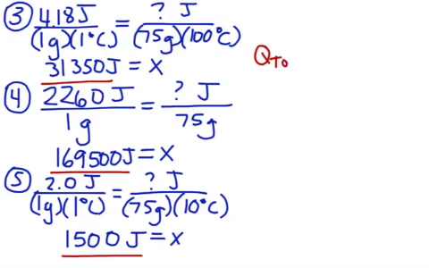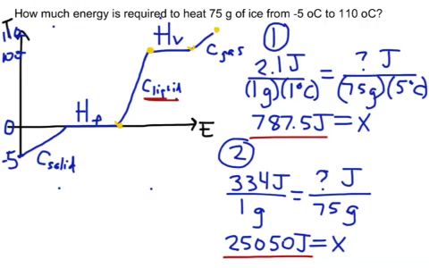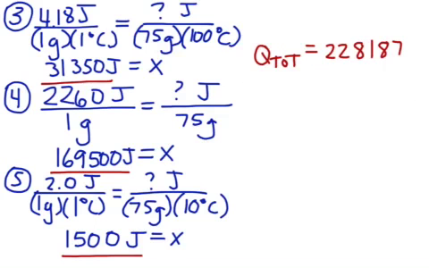And I'm going to use Q, because Q is that process of energy being transferred in or out of a system. Q total, if I added those together, I got 228,187. Now here, finally at the end, this is where I'm going to round. If I go back to my original problem, I've got 2 sig figs, 1 sig fig, and 2 sig figs. So my answer should have one significant figure, so it's going to round to 200,000 joules.